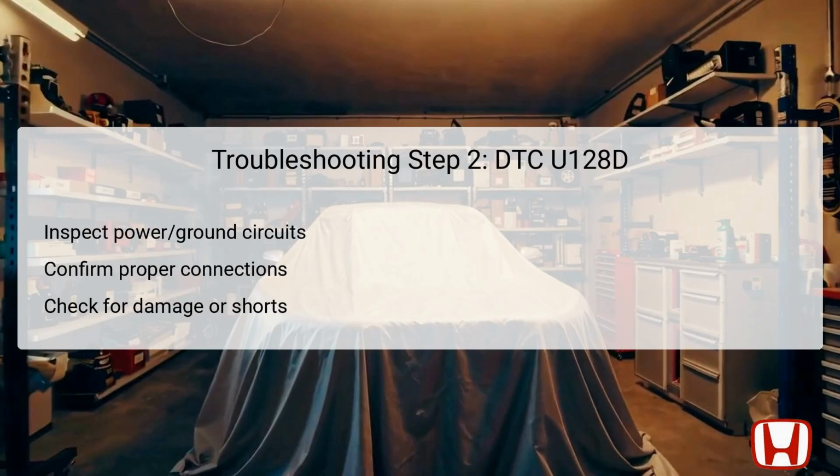After performing the initial diagnostic check, the next step includes a thorough inspection of the power and ground circuits associated with the gauge control module. Electrical power and ground are crucial for the operation of electronic components. If these circuits are interrupted or damaged, it can cause communication failures, recognized as DTC U128D.